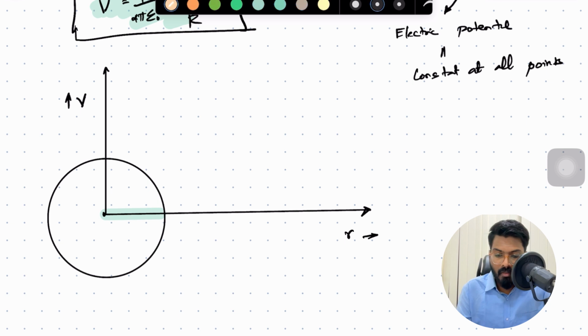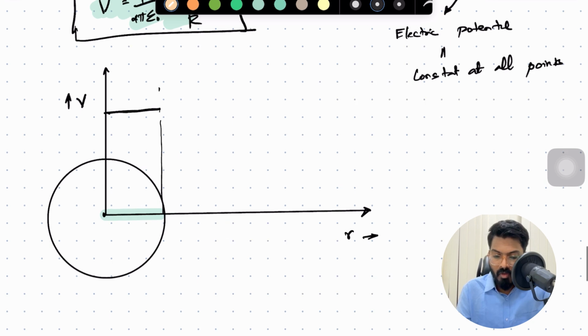Now that constant electric potential, till this point it is constant, which is given by the formula 1 by 4 pi epsilon naught into Q by R. What happens after that? After that, it switches to 1 by 4 pi epsilon naught Q by small r.